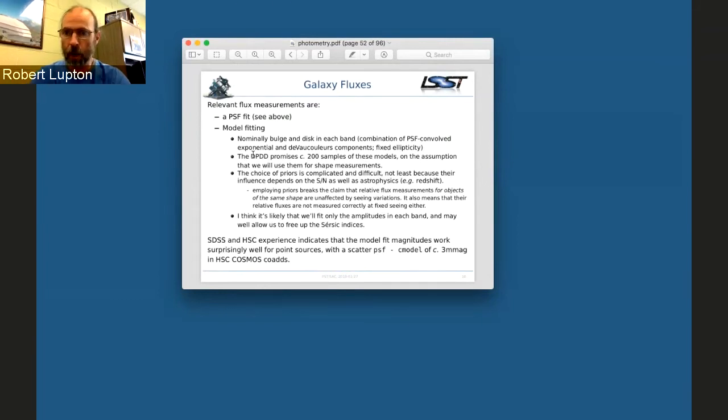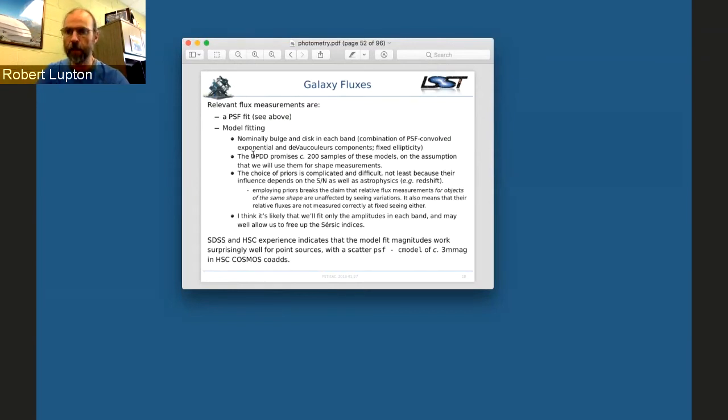I don't understand why. But a 3 millimag offset measured in the HSC coadds means that these models that we're making, we're actually using the Sloan swindle. We're not even doing something as principled as I described here at the moment. Produce really very good fluxes for stars. And that's really great. It means you can say, this is the flux of this object before you run the star-galaxy separator. That's something that I believe was a real bonus in SDSS.